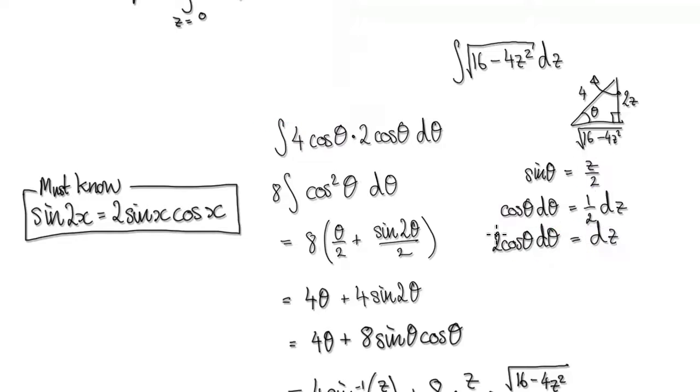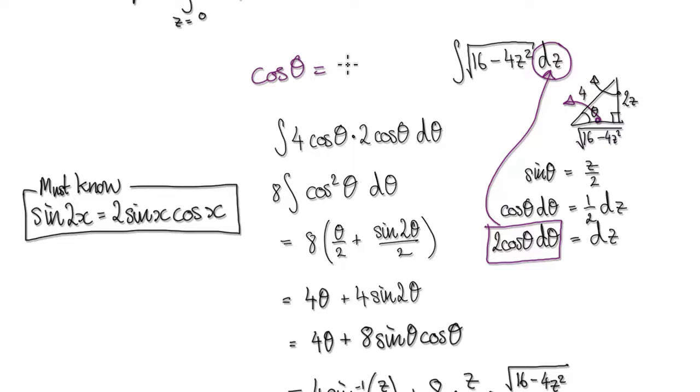So we can now put this into the dz, and then this complicated thing here is really cos theta over 4. Looking at this diagram here, cos the angle equals root 16 minus 4z squared over 4.